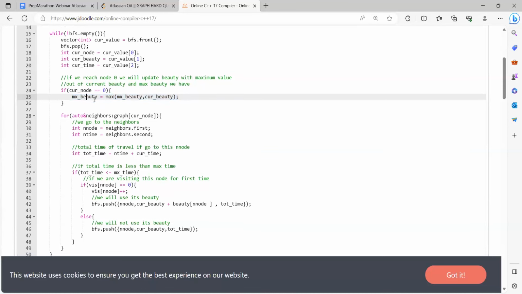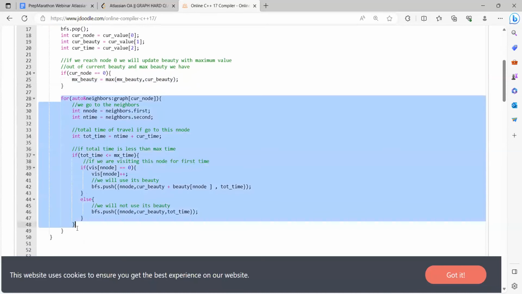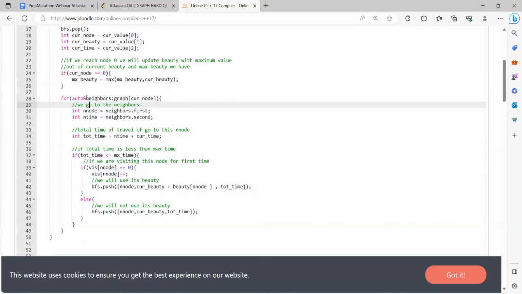If this part is clear, now what is happening here? I am going to my neighboring nodes. This is normal BFS, breadth first search. In breadth first search, we go to all the neighbors at once. In depth first search, we go in depth. When you go to neighbors, you should now realize how we have created the graph.